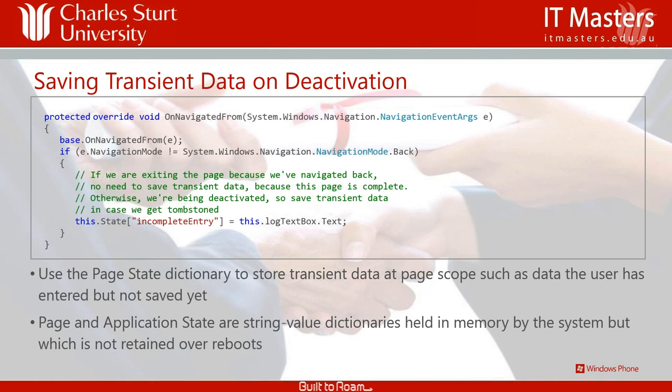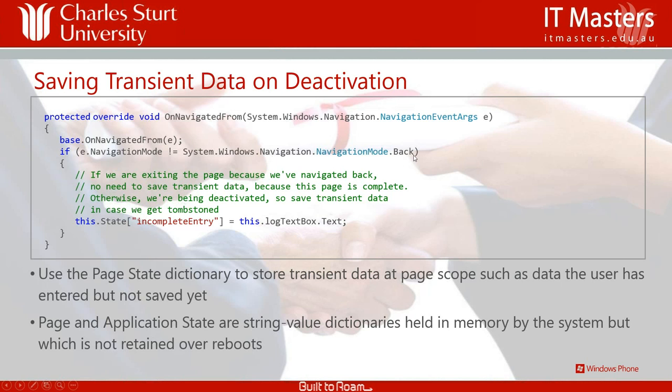Now, it's up to you within your page as to whether you override these methods. These methods will get called regardless of whether you override them or not, so they always exist in that pair. If you choose to override them, like we have here, your code will get invoked as part of navigating to and from the page. So in this case, we're saving this entry when the navigation mode is not a back operation.